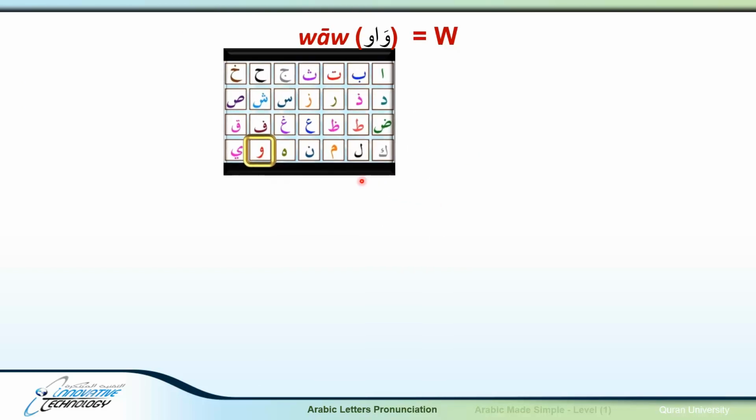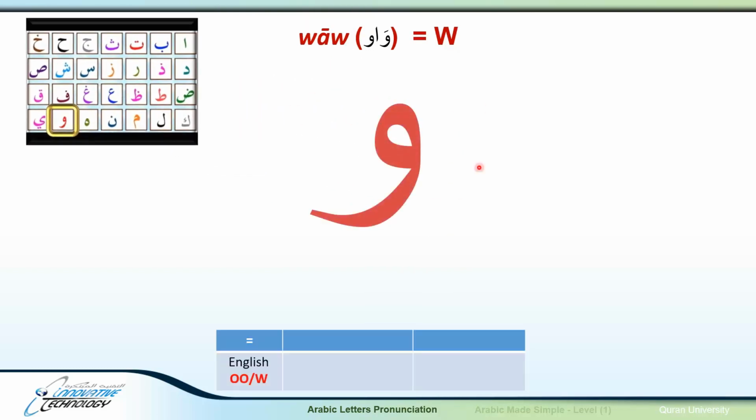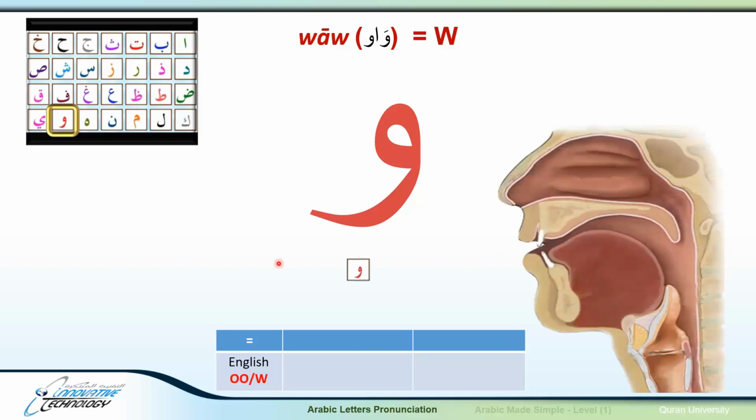Waw is looking like this and is equivalent to the English either a combination of two O's, oo, or a W. And there is actually a difference between the two here. The first one is pronounced oo, like in room. That is basically articulating from the jawf, and it's a vowel.